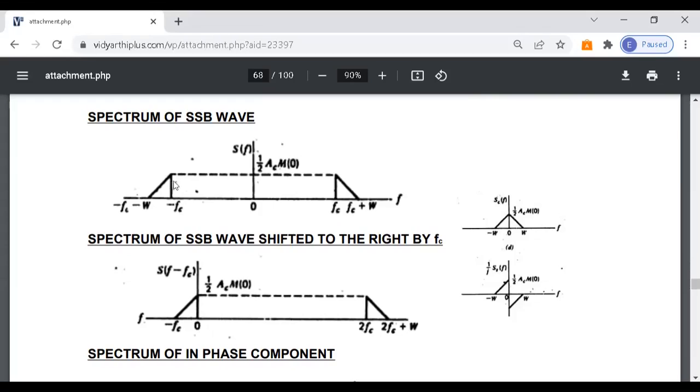So if you shift this to the right, if you keep shifting this, you're going to get it back together, right?